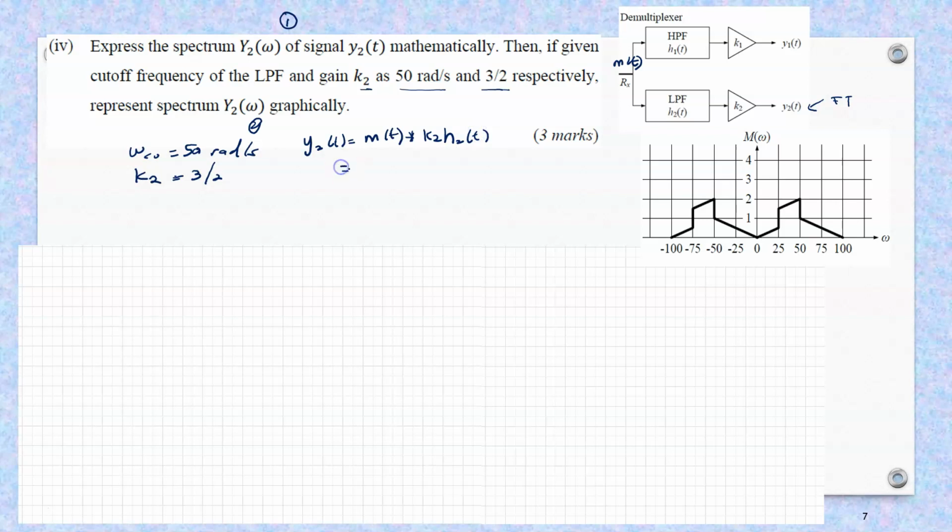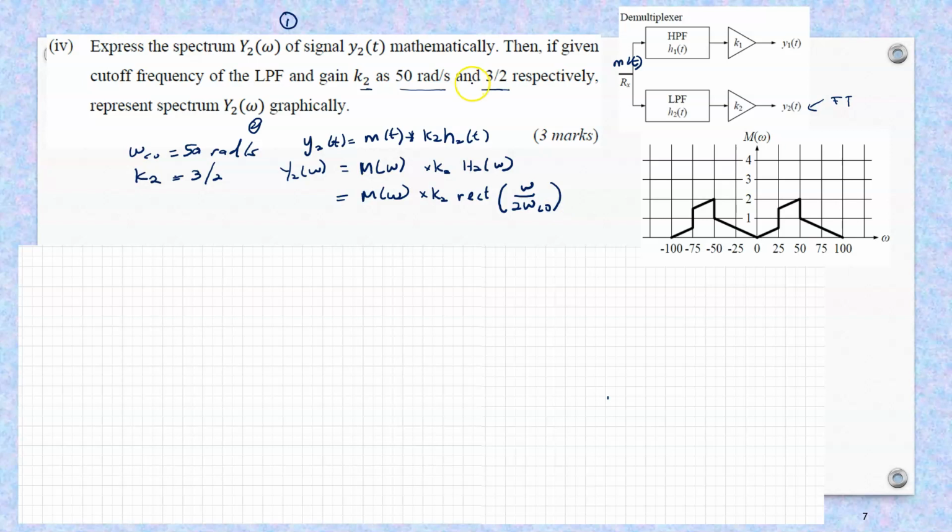So in the frequency domain, we take the Fourier transform of this equation. We get M omega multiplied by K2 H2 omega. So this is M omega multiplied by K2, and this H2 omega is the low pass filter, which is a rectangle of omega divided by 2 omega C naught.